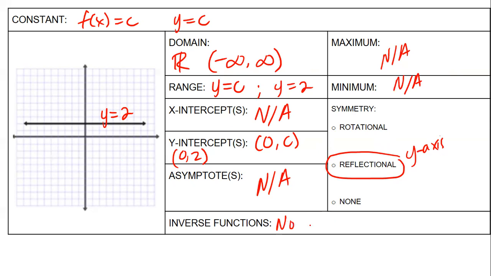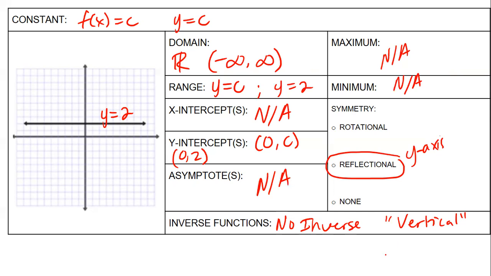There is no inverse function. The reason why is because what's the opposite of being horizontal? Vertical. And are vertical lines a function? No, they're not, because your x's are going to repeat, right?